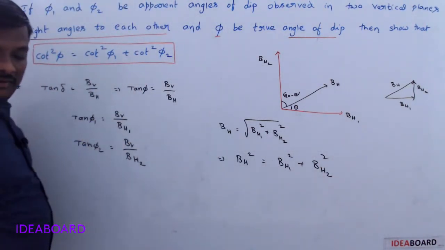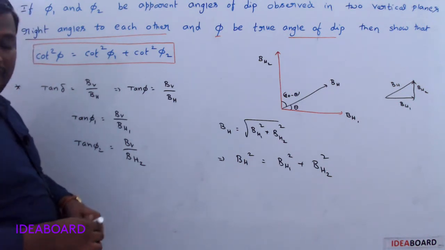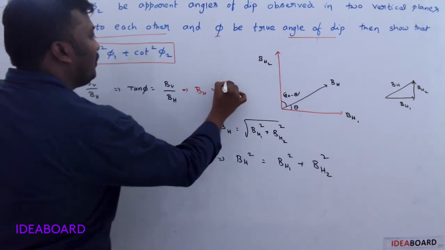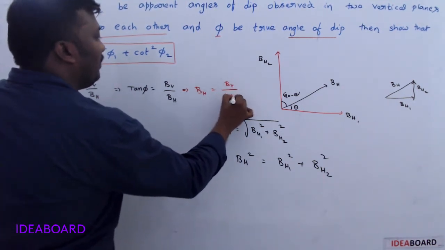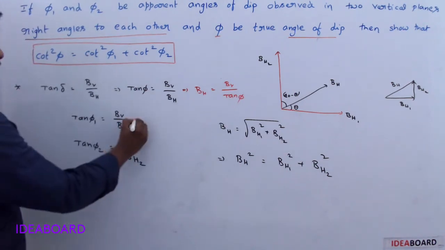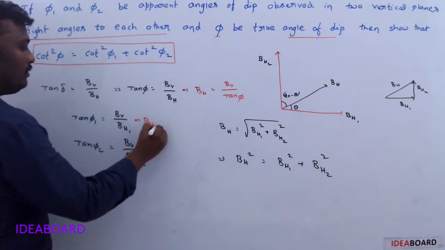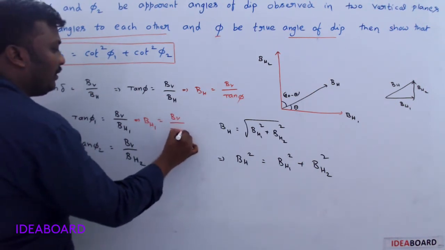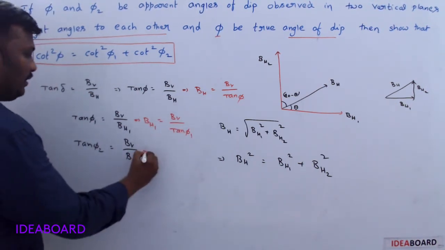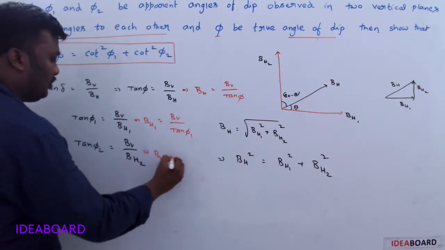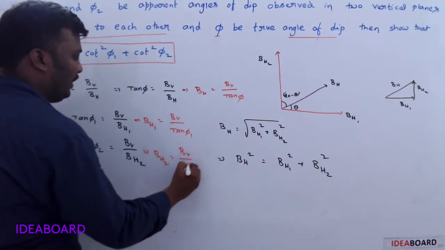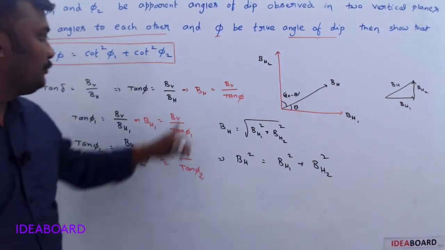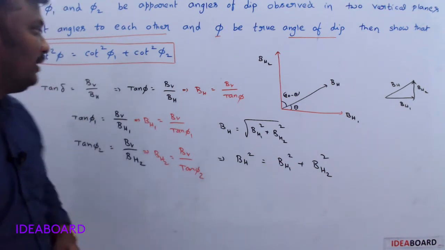Now let us write the value of BH. BH is BV by tan phi. From this, BH1 is equal to BV by tan phi 1, and BH2 is equal to BV by tan phi 2. Now substitute all these three values in this formula.